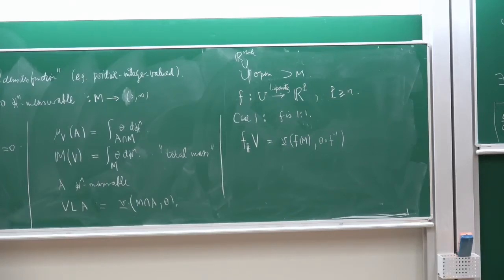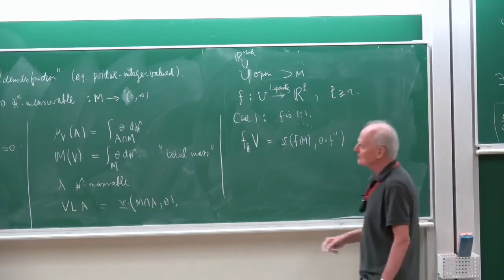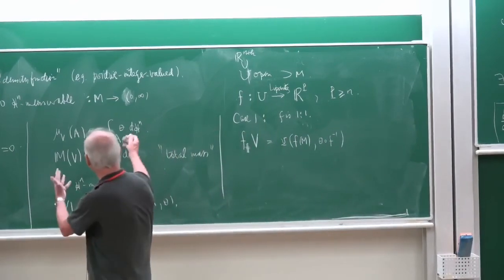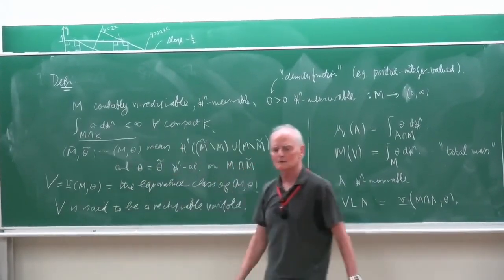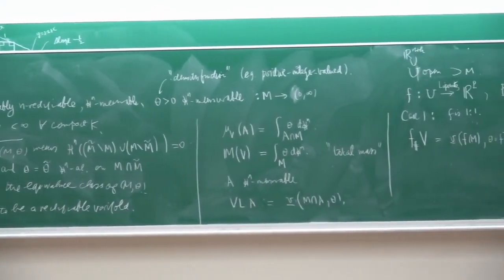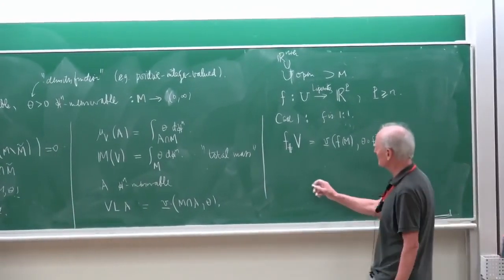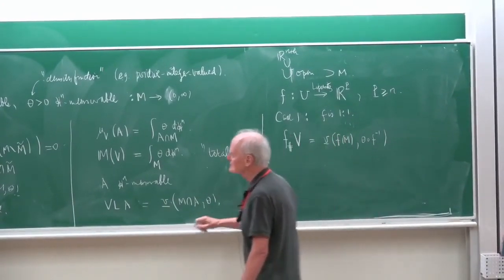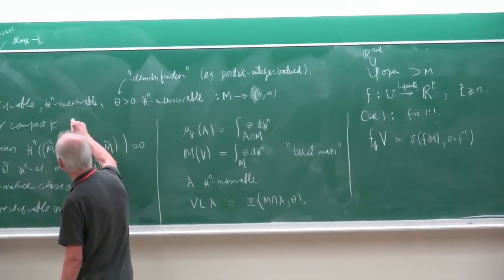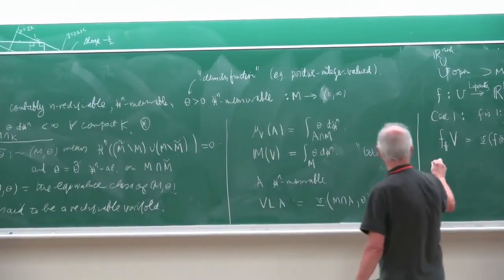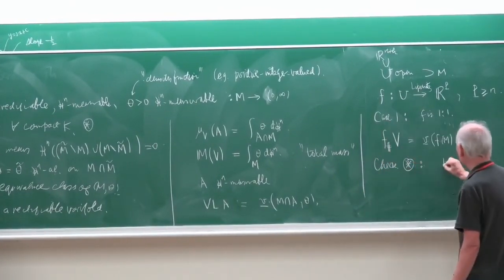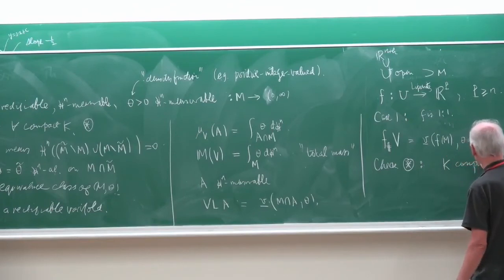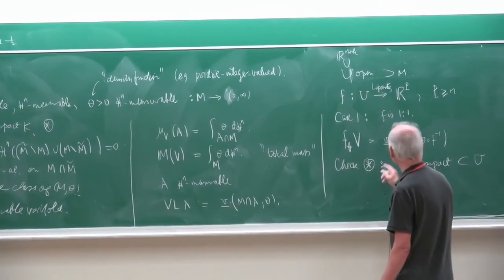However, we've forgotten something. One of the hypotheses that we must check before we make any sense out of things like this is this thing. So we've got to make sure that's true. Now, notice that need not necessarily be the case, so let's check. What condition do we need for this condition? So take K compact, contained in U, and let's look at this guy.